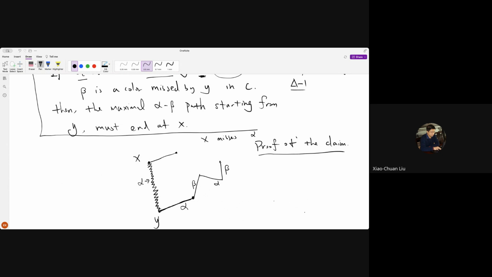So this proof is very similar to what we have done in the previous lecture, but that was for vertices.